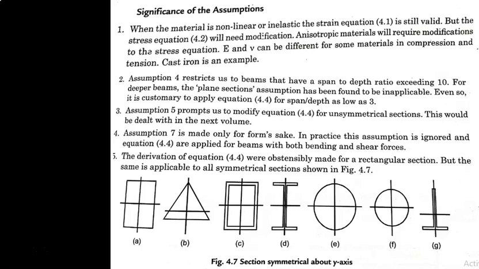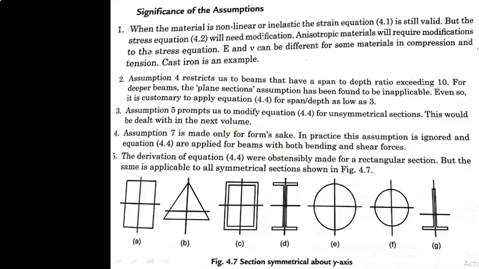Even so, it is customary to apply equation 4.4 for span to depth ratios as low as 3. Because if the span to depth ratio gets reduced, the shear will be predominant, and therefore it has some limitations.